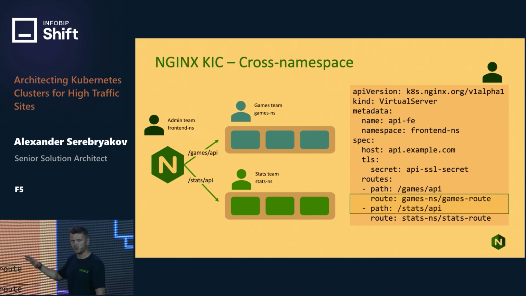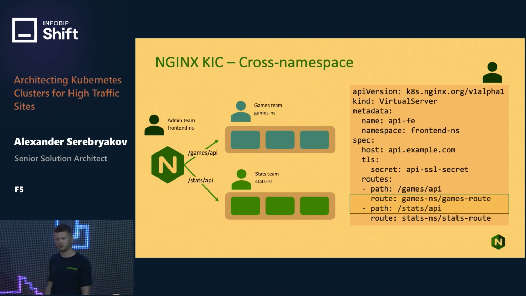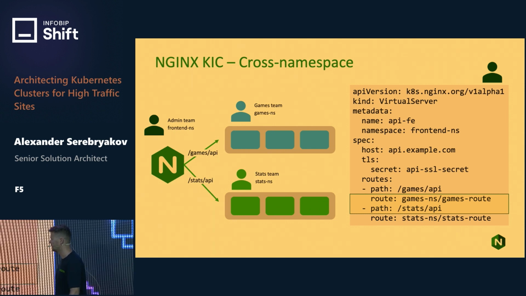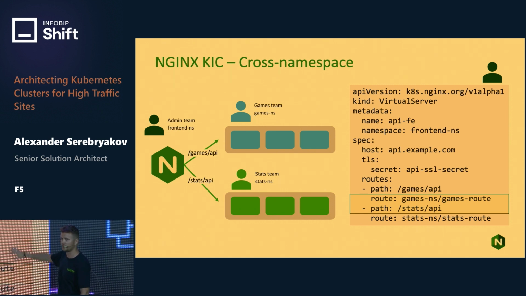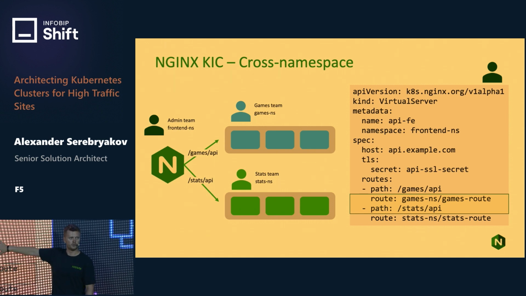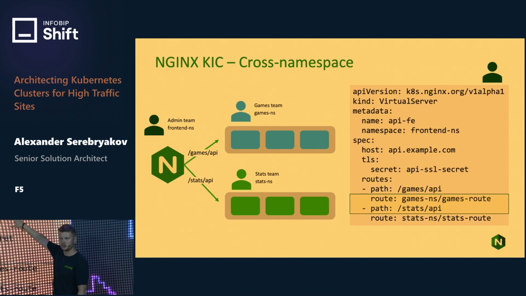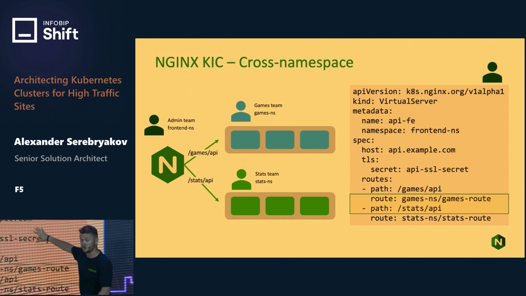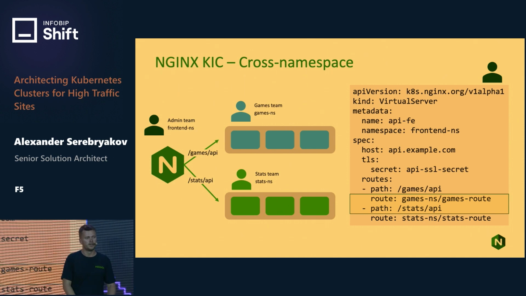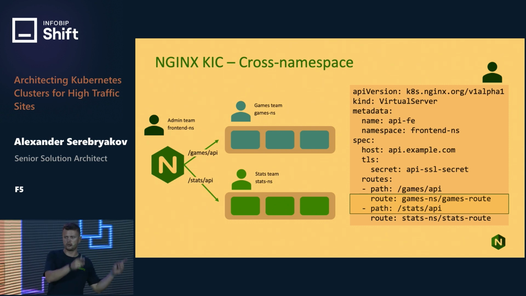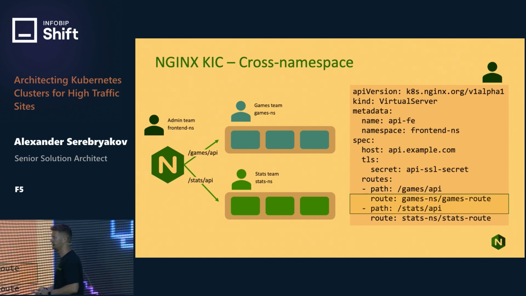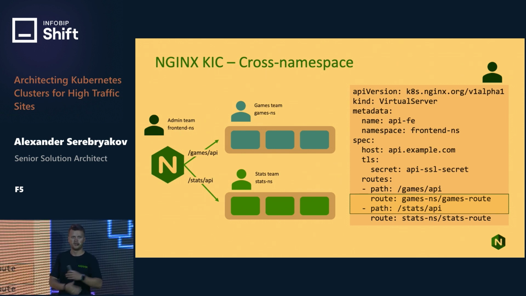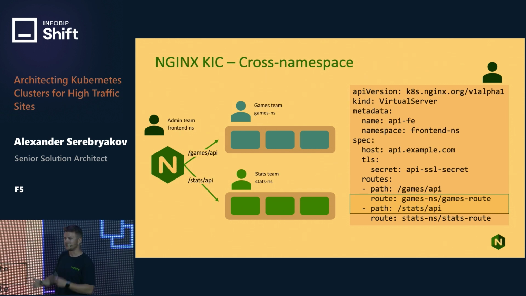A few things are quite important on this single picture. First of all, what the hell is that? Alex, you were talking about Nginx, and this is VirtualServer. Or not Nginx, Ingress, and this is VirtualServer. Ingress is a Kubernetes API specification that was created initially for reverse proxy routing, but it's quite basic.